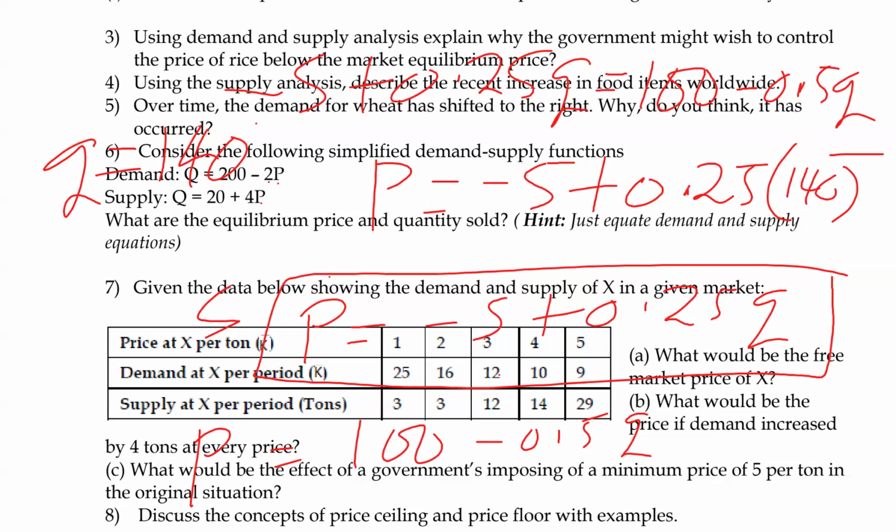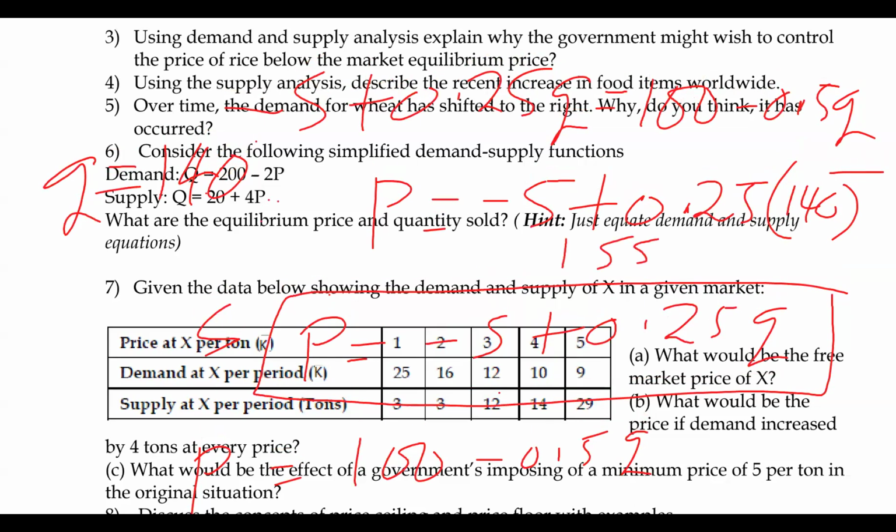What is the price then? The price is 135. Now let's prove what we mean by saying price supplied will be equal to price demanded.